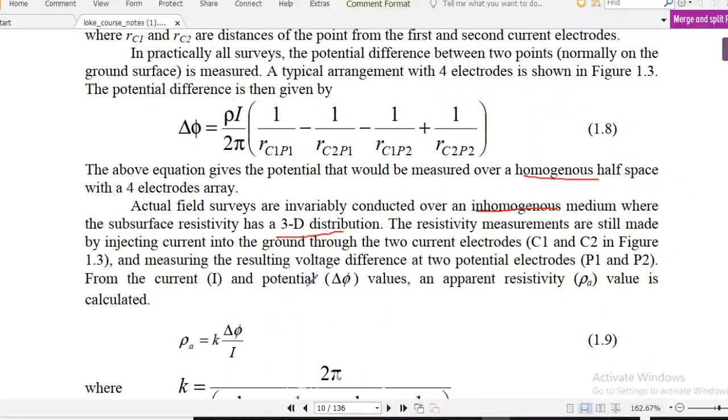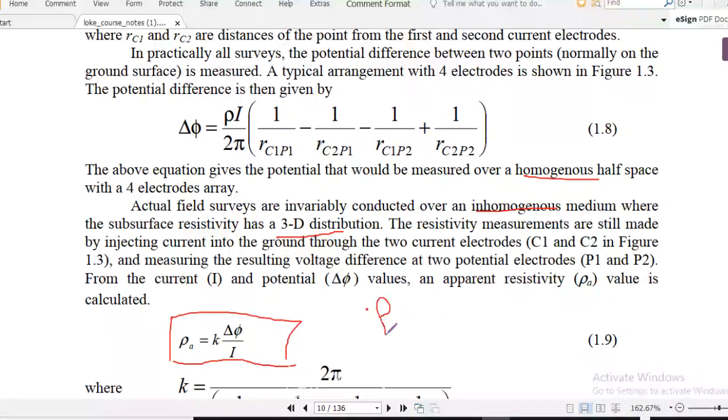From the current I and the potential delta phi value, the apparent resistivity rho A value is calculated. Because this is resistance, potential difference over current, the geometric factor times resistance will give us apparent resistivity.